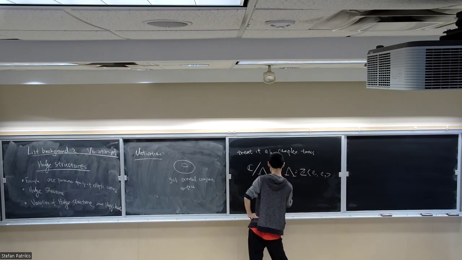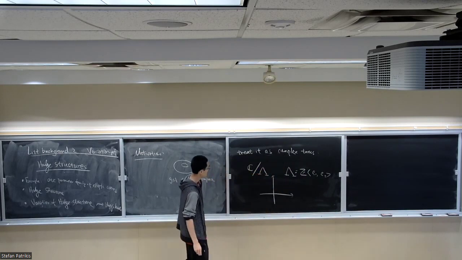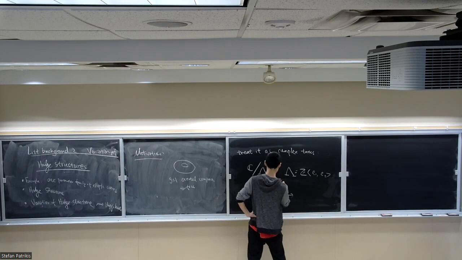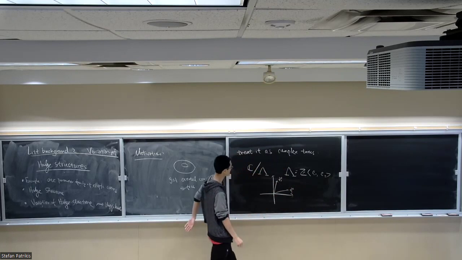Here we have the complex plane, and e1 and e2 are just arbitrary two vectors that are not parallel to each other.